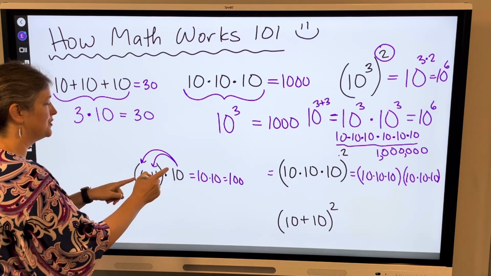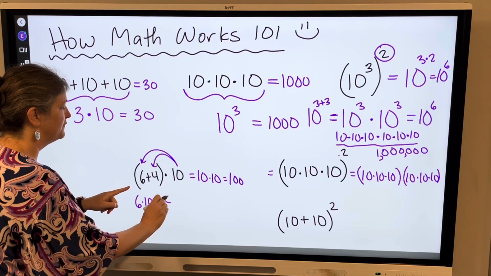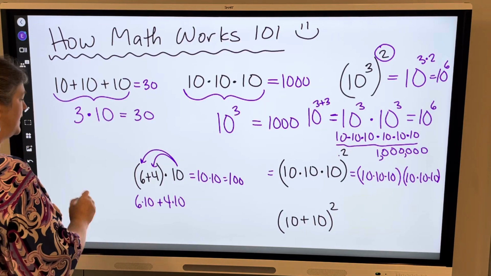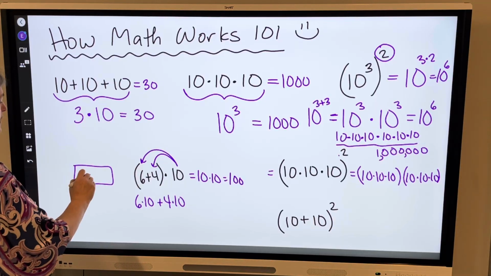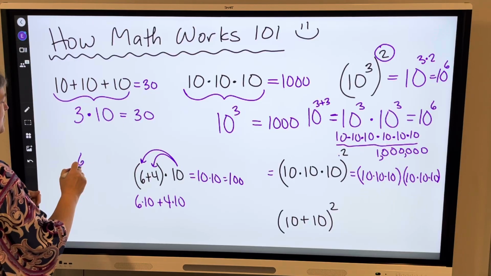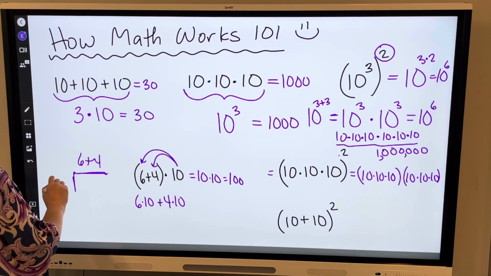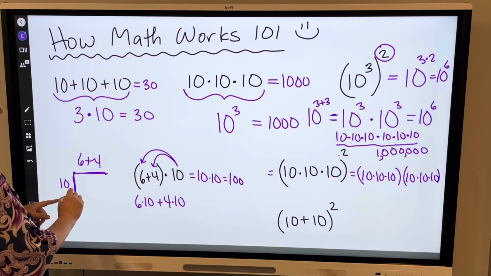But I could also list this as 6 times 10 plus 4 times 10, right? I could see the 6 plus 4 as a length and then multiply that by another length, my 10.